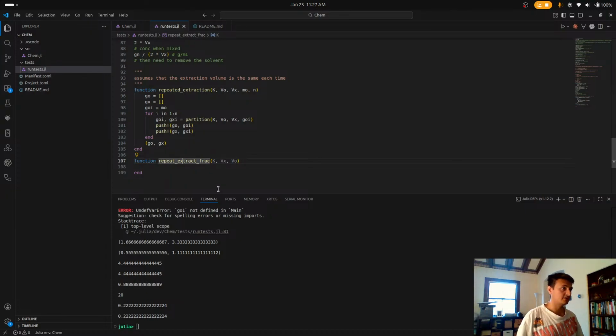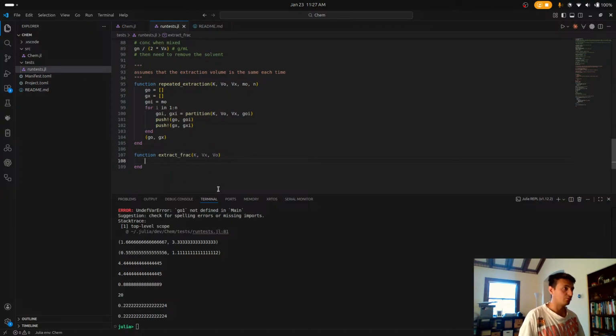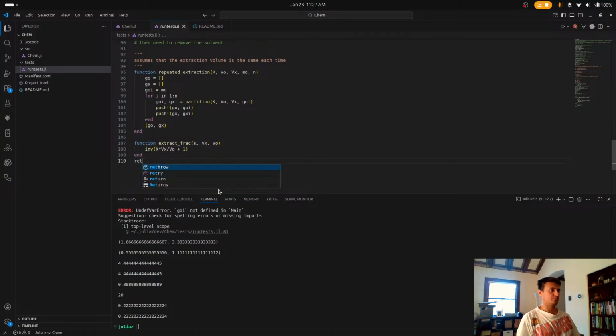Extract frac will just be inv of K times VX over VO plus 1. Then repeat extract frac is, N will just be, to the N.